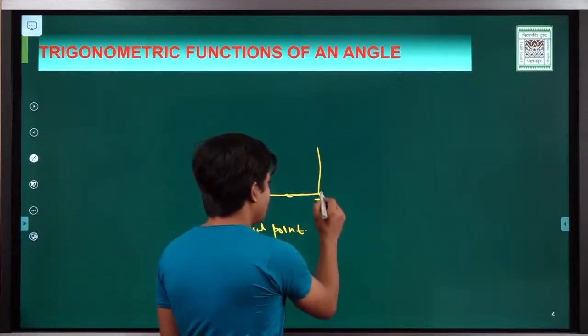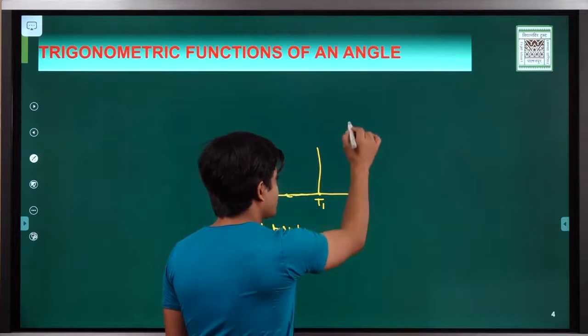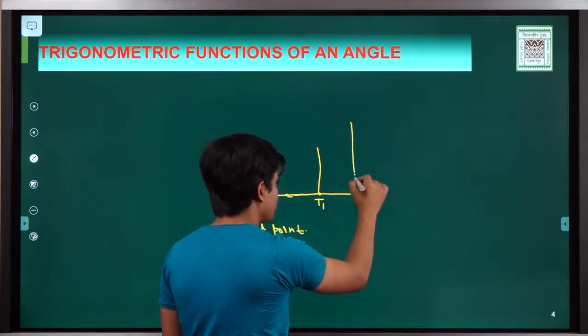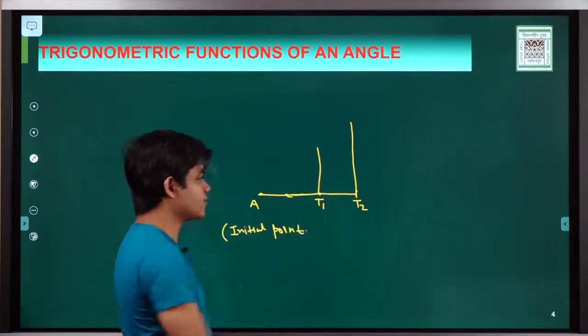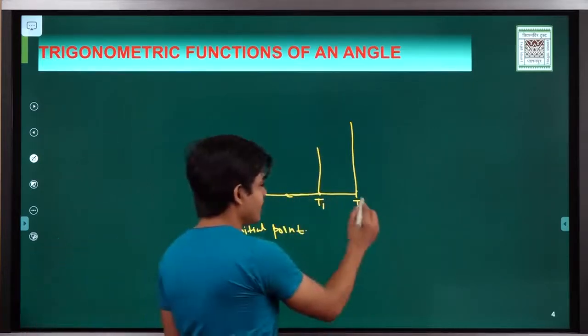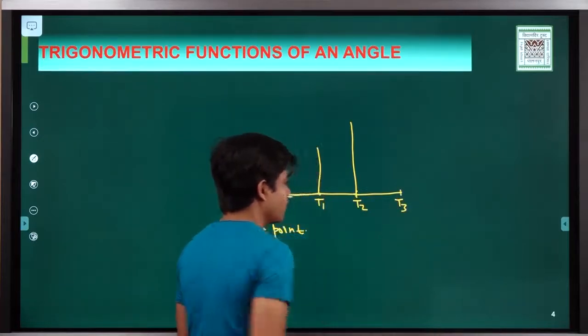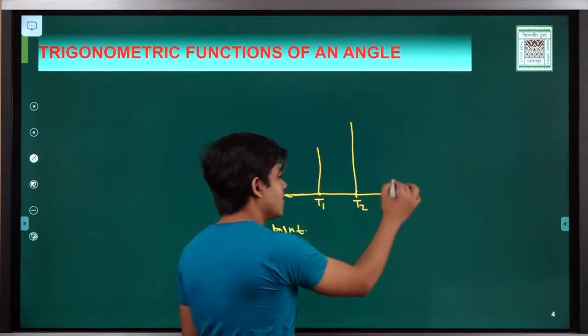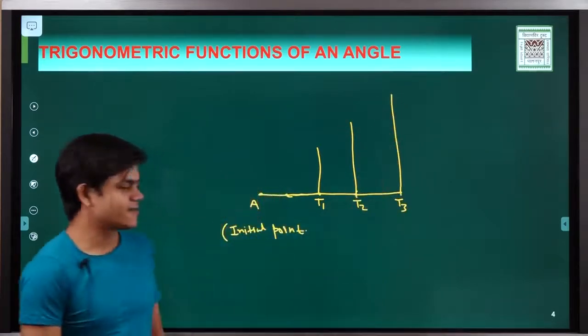Again, at the point T2 there is another tree whose length is greater than the tree at T1. Again, let's say the third tree is over here, whose length is greater than the previous two trees.